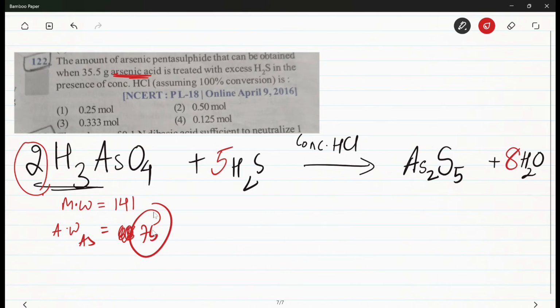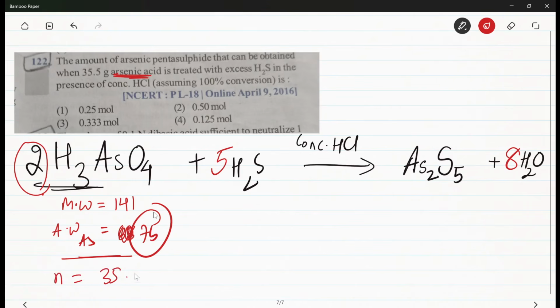Okay, forget it. When 35.5 gram of arsenic acid is treated with this much excess, this is your limiting reagent. Arsenic acid is your limiting reagent, that you have to understand. If we don't get the molecular mass, then how will we get the moles and then convert?